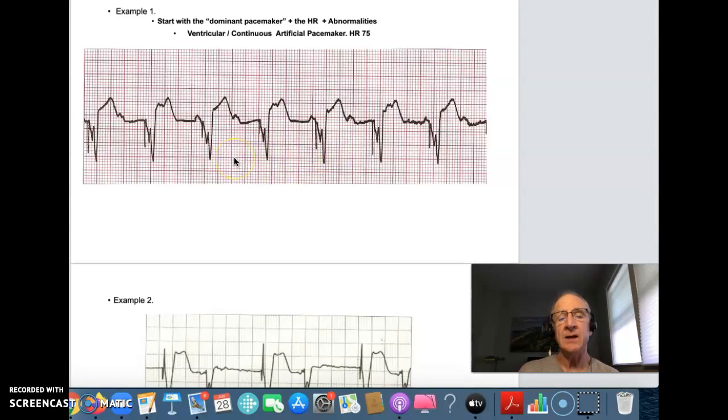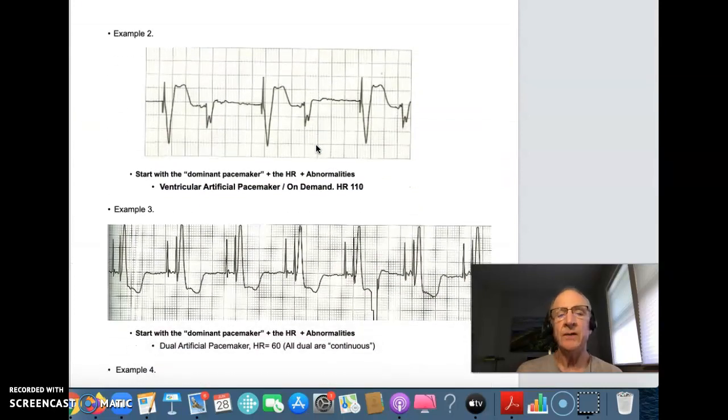To find the heart rate, you do it the same way. You start at the peak of the artificial QRS and go to the next peak, count the boxes, and we find that the heart rate here is 75. So the answer to this particular ECG interpretation is ventricular, continuous artificial cardiac pacemaker, heart rate 75.